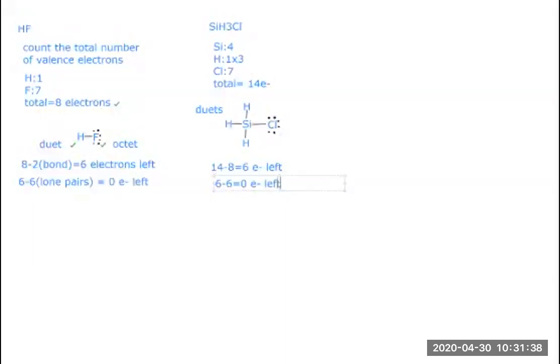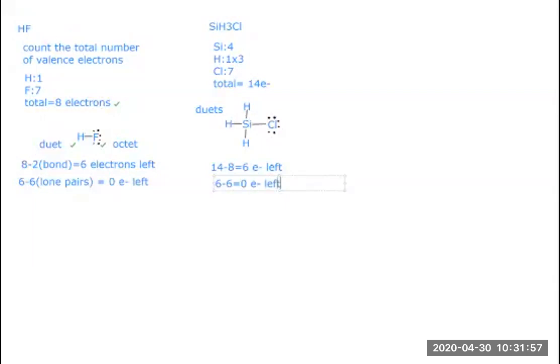Chlorine has an octet, and now let's verify that silicon has an octet. When you have 4 single bonds, 2 electrons each, that's 8 electrons around silicon. So they both have an octet too.